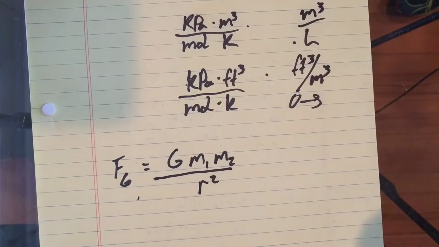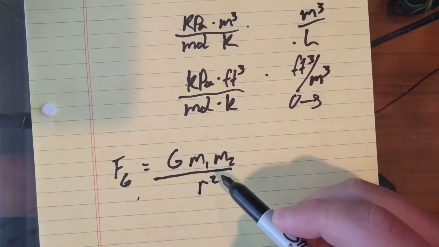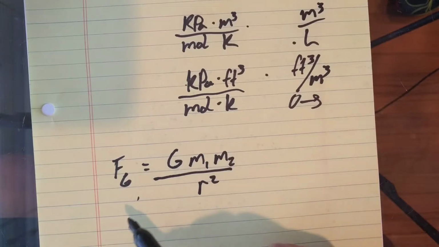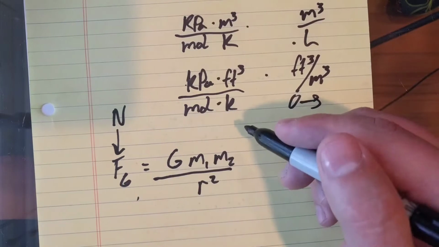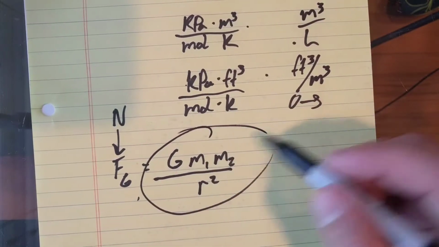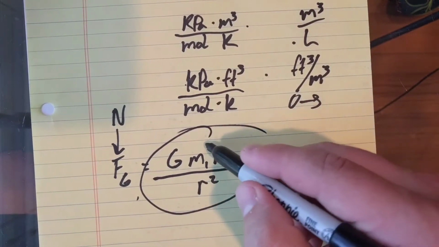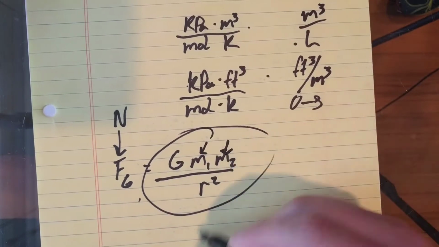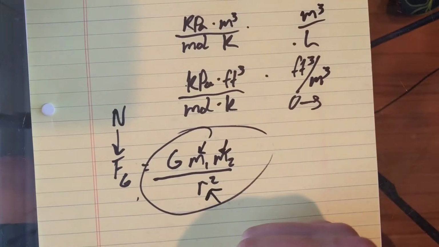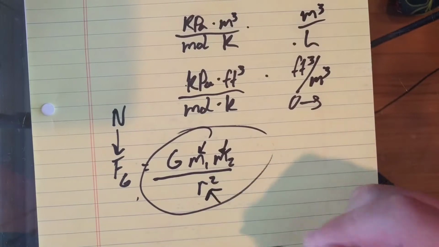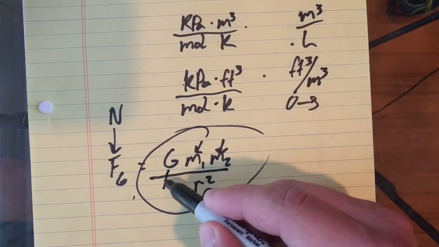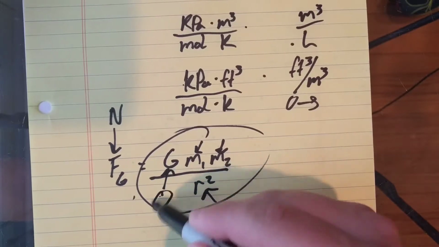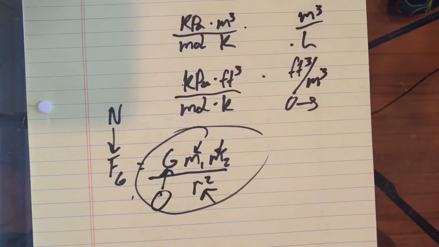So this has units of newtons. What are the units of every piece of this? This is a mass, this is a mass. Radius is going to be a length, so radius squared would be meter squared. What are the units of this guy? So work through that problem and figure it out.